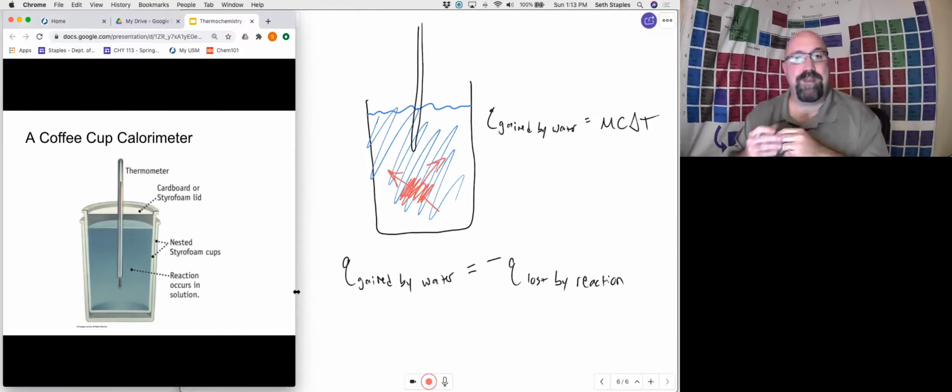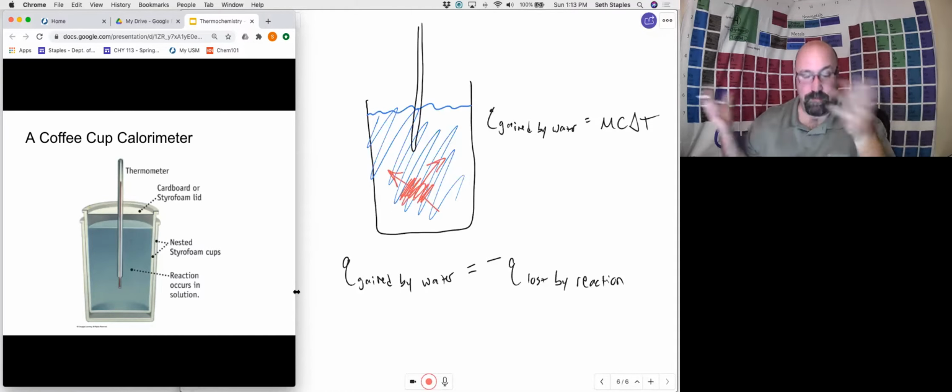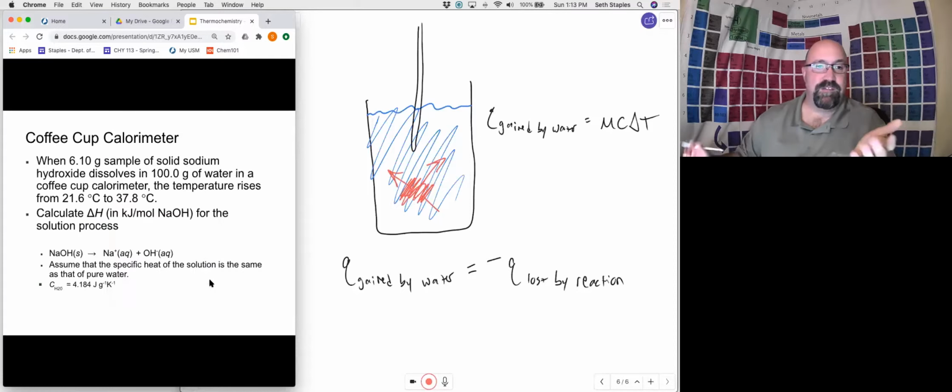And so if we can measure this amount of energy that is gained by the water, that will be equal and opposite to the amount of energy lost by the reaction. And so if we have a certain process that can happen in water easily enough, we can run that reaction in water, measure the temperature change associated with the water, and there we go. We can calculate the heat that was then given off by the reaction. So let's take a look at an example.